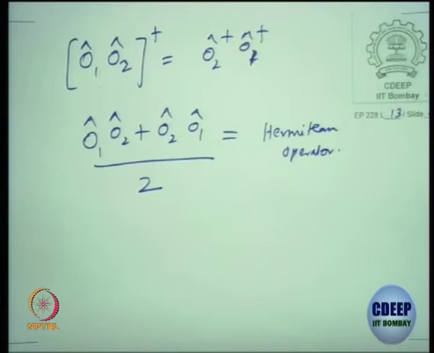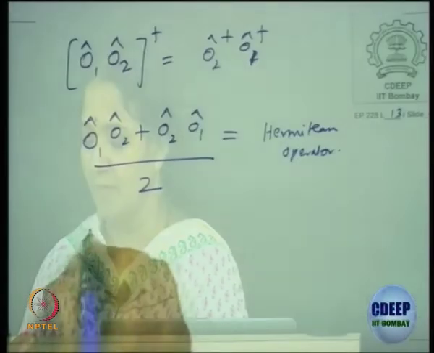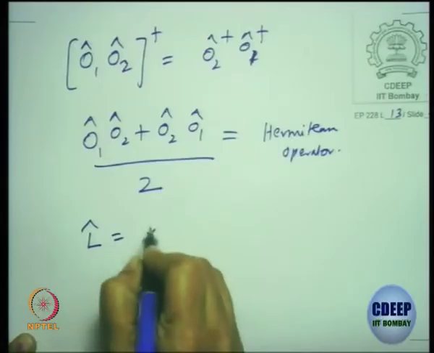So this is what you have to keep in mind whenever you are asked to find the expectation value of a product of two operators. You need to make sure whether those two operators are commuting or not commuting. For example, angular momentum is r cross p.